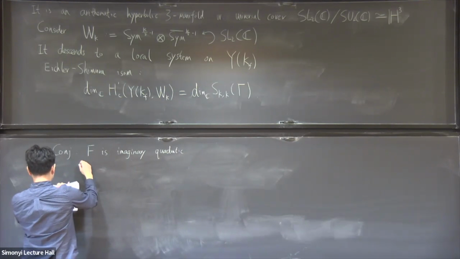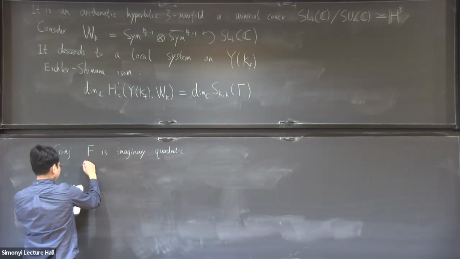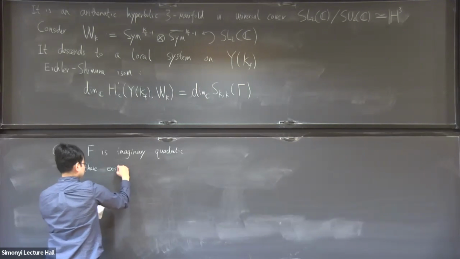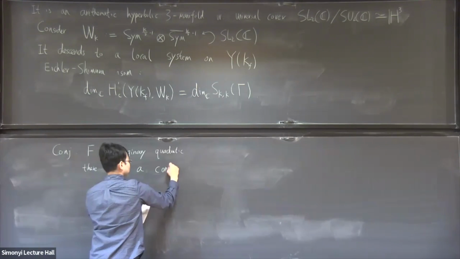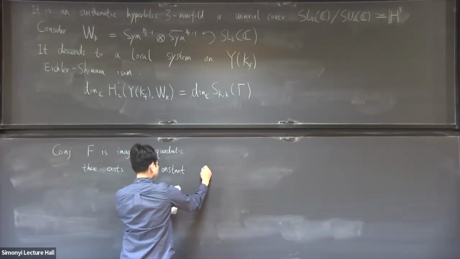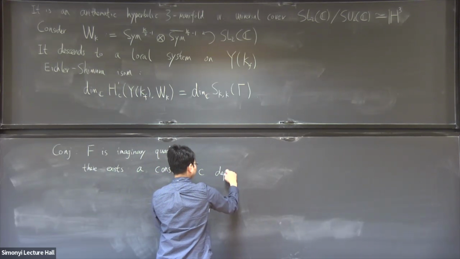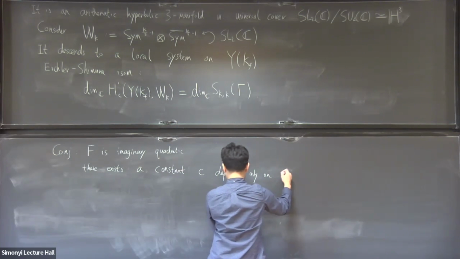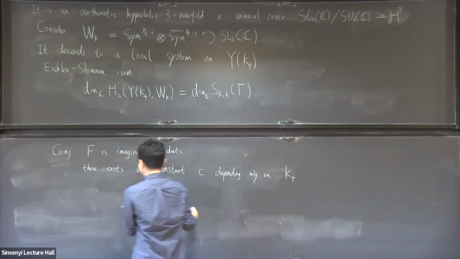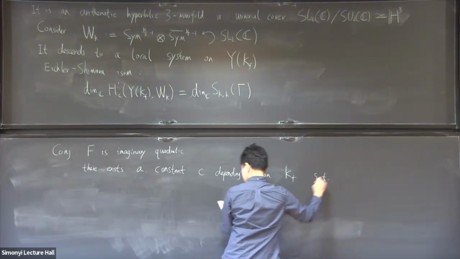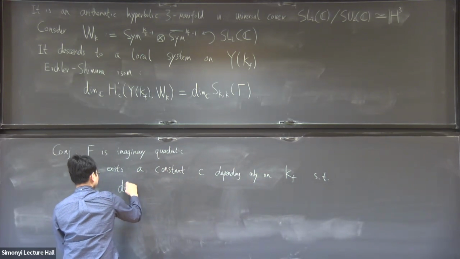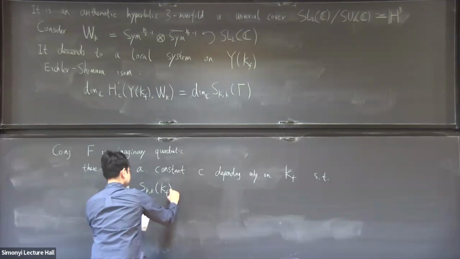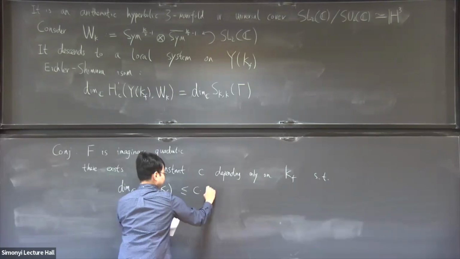So the conjecture is that there exists a constant C depending only on the level such that this dimension is upper bounded by C times K. It's upper bounded linearly.